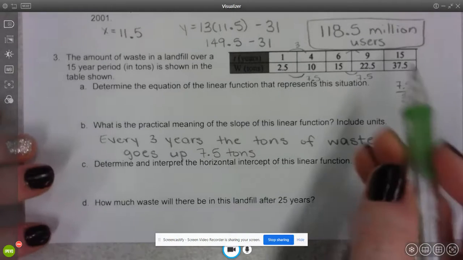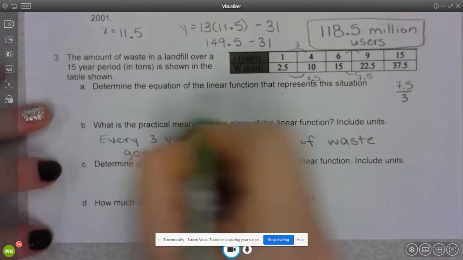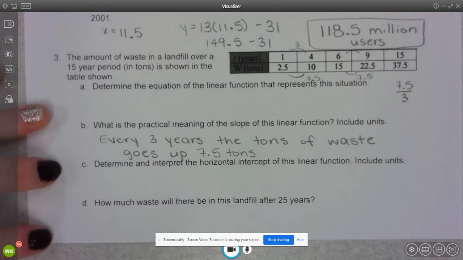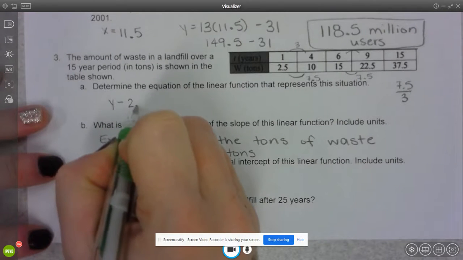So we're going to look at this equation. Now, it doesn't tell us what form to do this in. So I'm just going to do it in point slope form. And I'm going to use the first term.